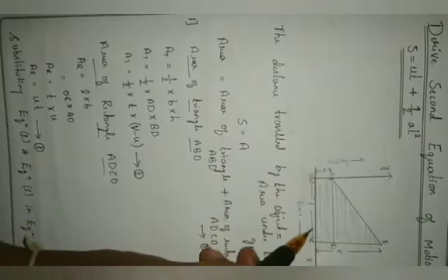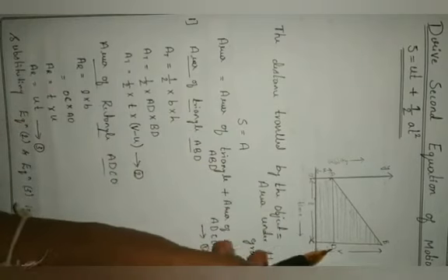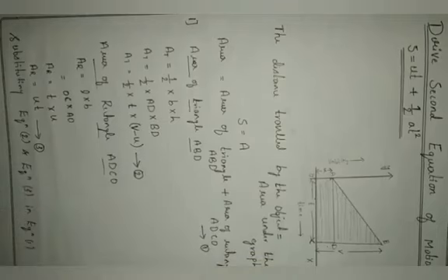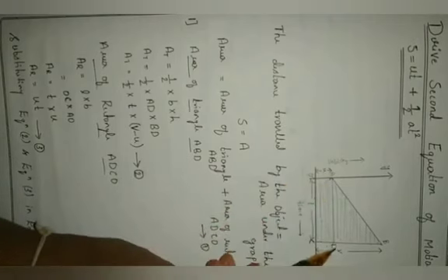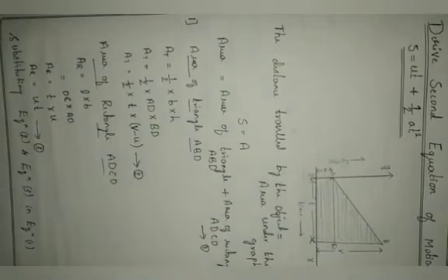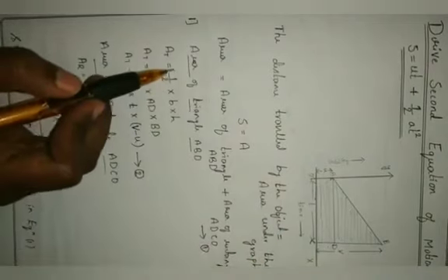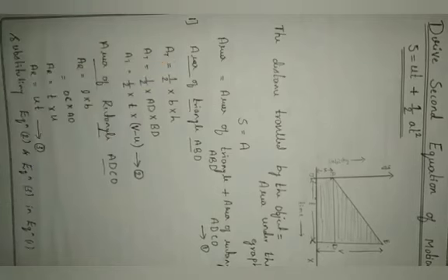So first we consider the area of the triangle ABD plus the area of the rectangle ADCO. Now we'll find the area of the triangle and the area of the rectangle separately.